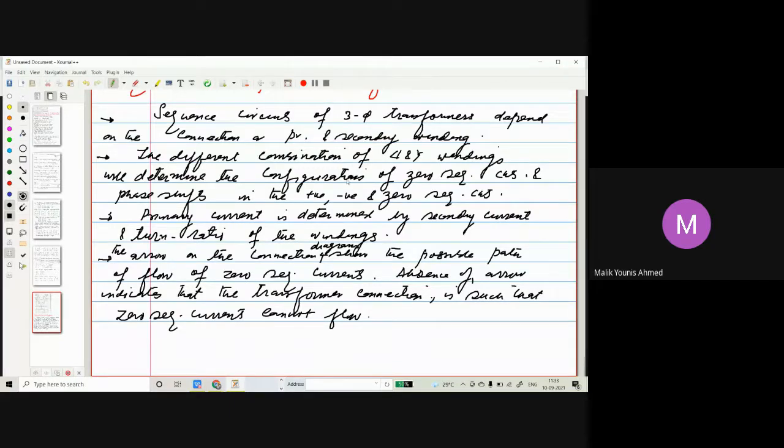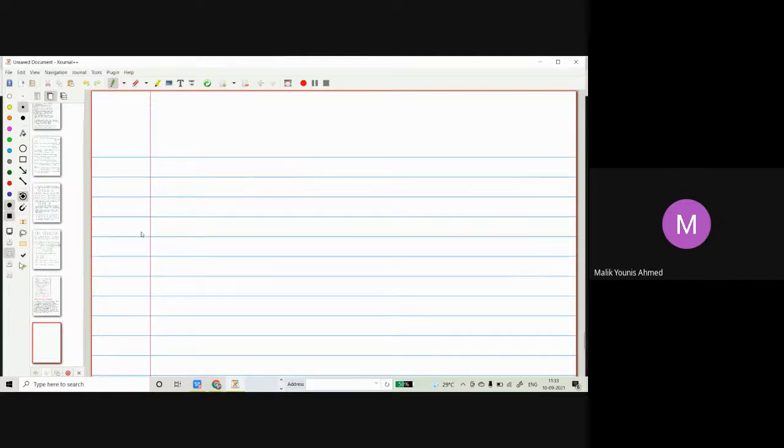The zero sequence equivalent circuits are approximate. They are not 100% appropriate, as they will be shown. Why are they approximate?